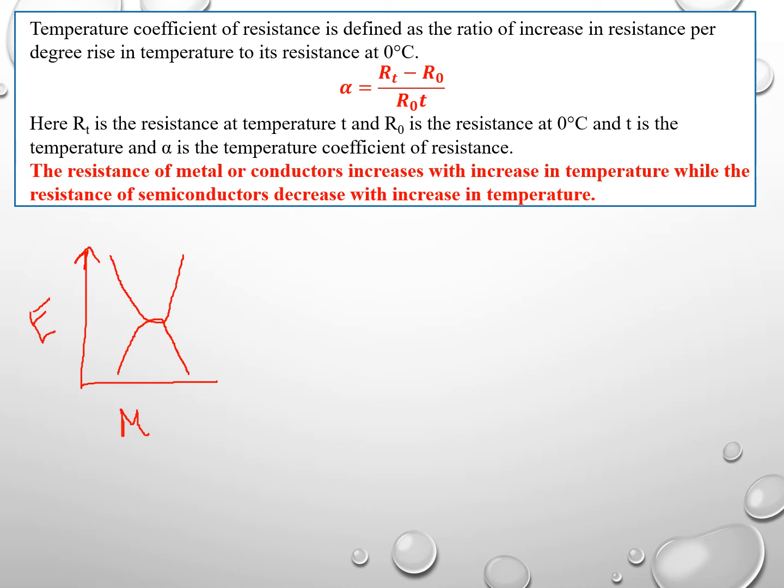The number of cars present on the road is very large. The cars are the free electrons. It's a highly congested road, and you have to go very fast.